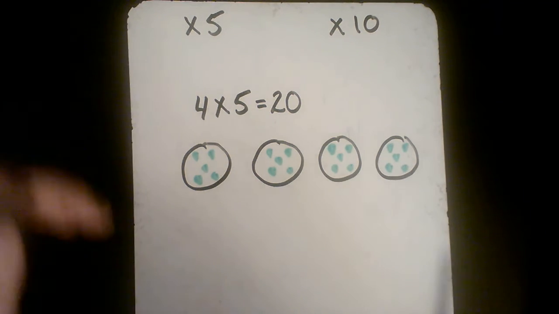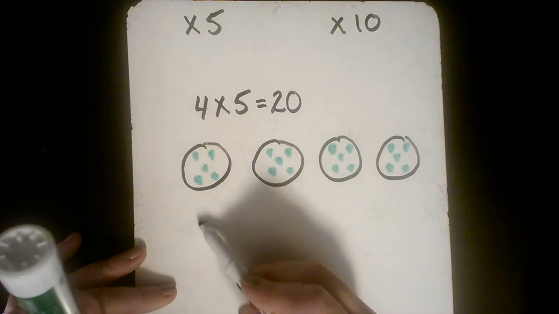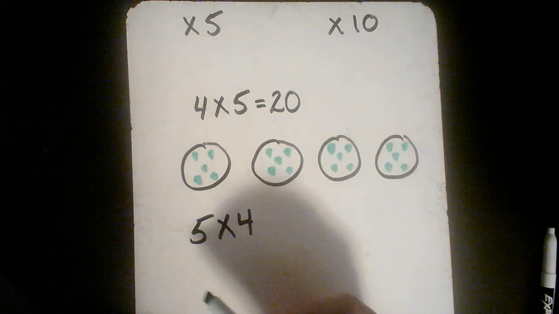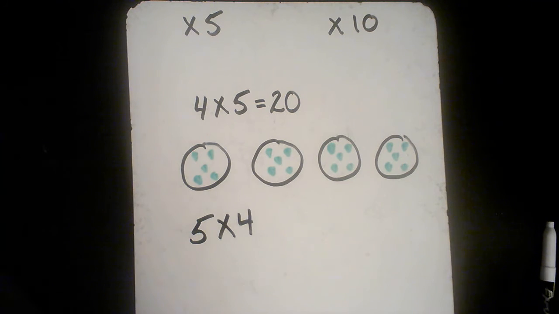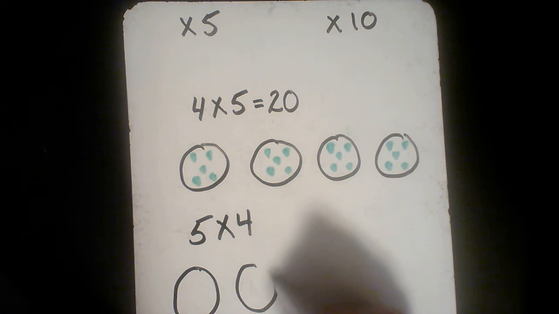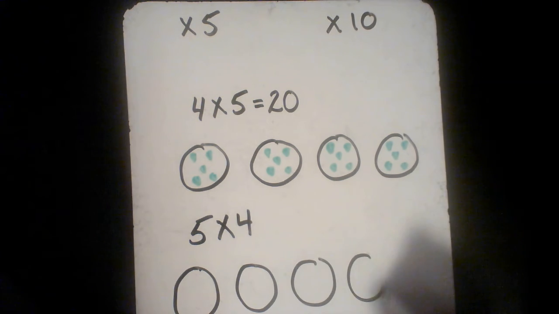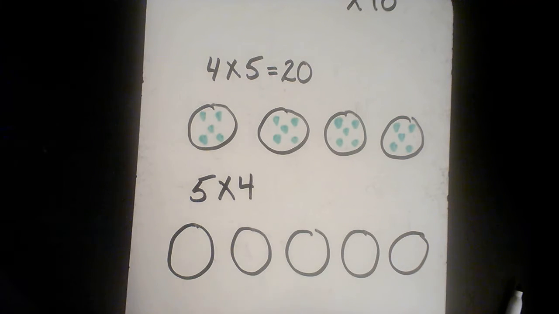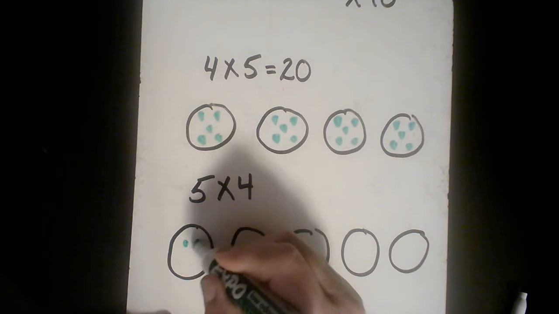Now, if I flipped those around and I did 5 groups of 4, I know that actually means something different. Now I have 5 groups and I only have 4 in each group.